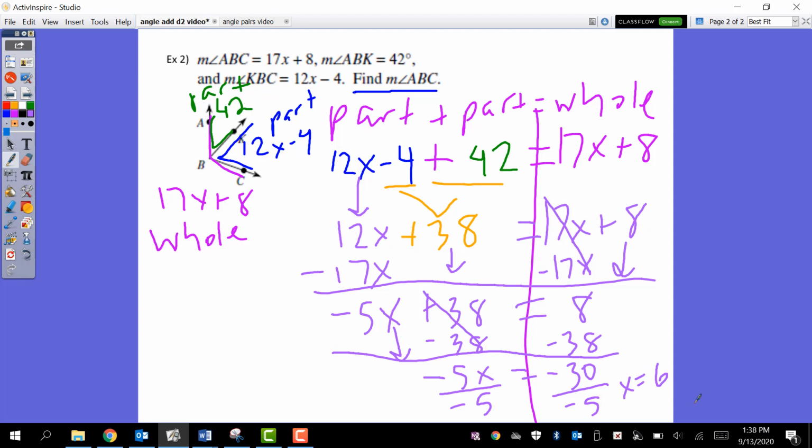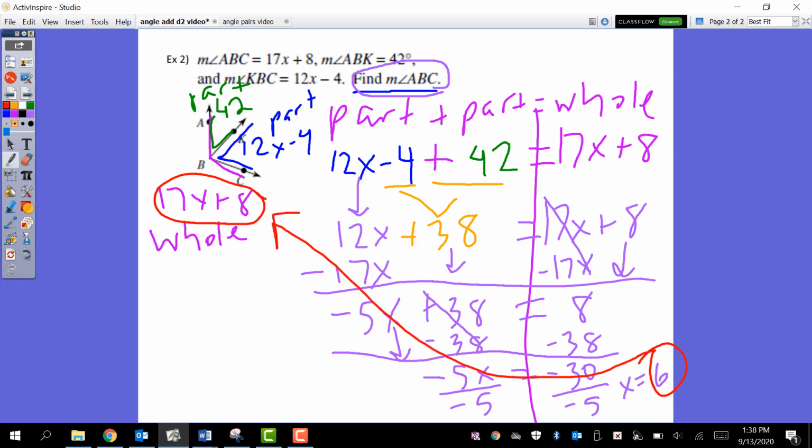Does that mean I'm done? No, because remember at the beginning we said we want to find angle ABC. And so far I just have x. So what am I going to do? Well, where is angle ABC? It was our whole. It was 17x plus 8. So I'm going to take this 6 and plug it into that. So I'm doing 17 parentheses 6 plus 8.